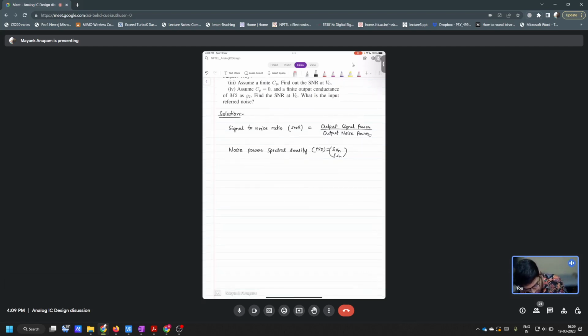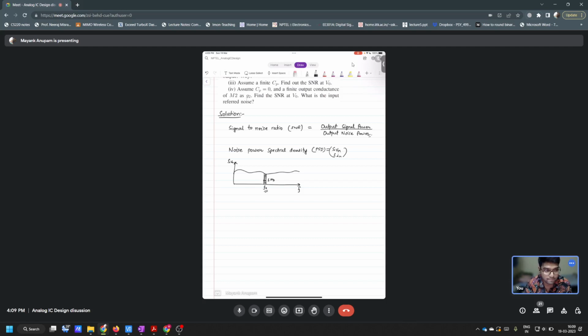So if you have a noise spectral density like this, and you plot it, let's say this is SV, we are concentrating on voltage spectral density, versus frequency. If you take a unit 1 hertz bandwidth at some frequency f0, then the power content in this is the PSD at this frequency f0.